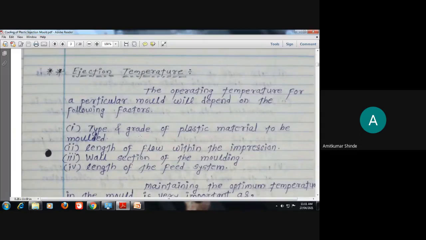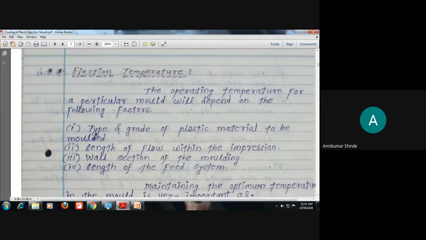Ejection temperature is nothing but the mold temperature, in other words, the mold temperature while the manufactured part is removed from the mold cavity. Now, this operating temperature or mold temperature depends on the following factors.